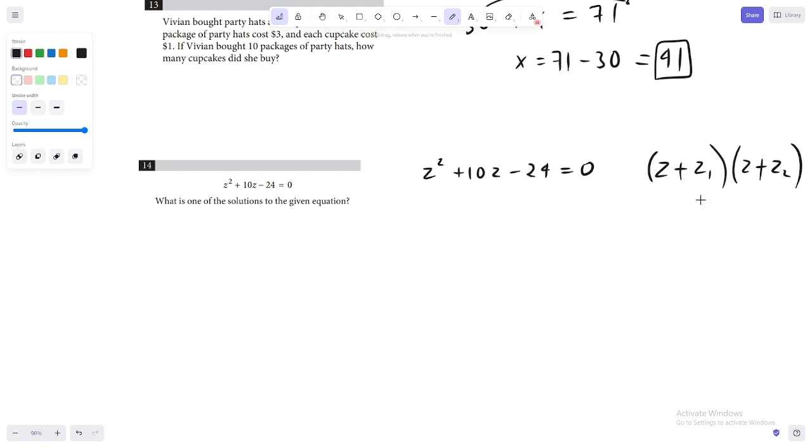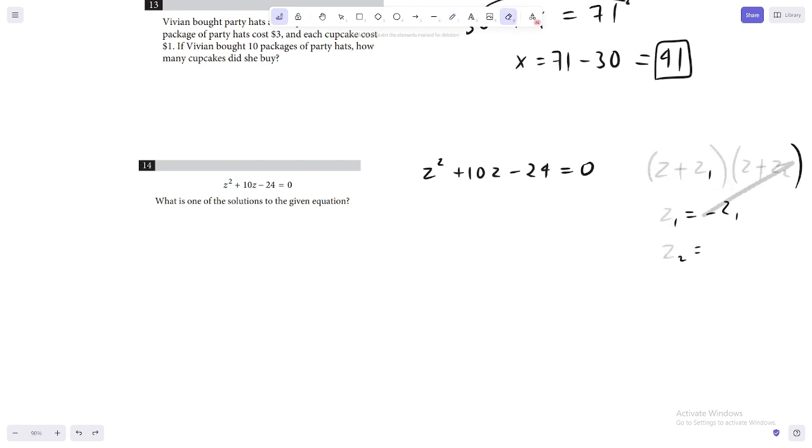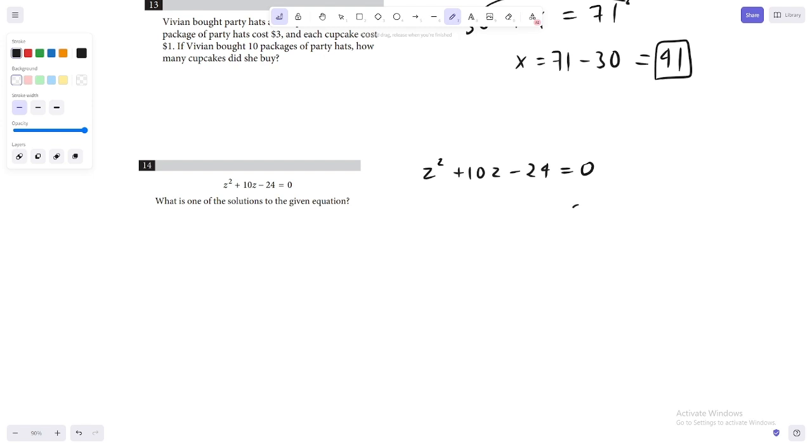I wrote it a bit confusing, I'm sorry. But eventually you'll have the first solution equal to the negative of z1 here, and the second solution it will be negative of z2 there. So to rewrite it in that way, we need to find two numbers, a and b, and adding a and b must equal to this number, to 10, and multiplying them must equal to this.